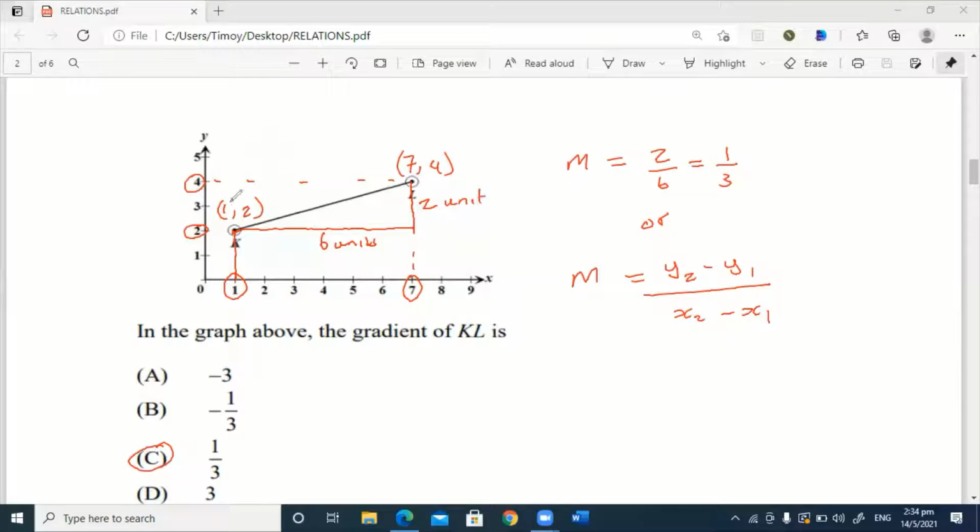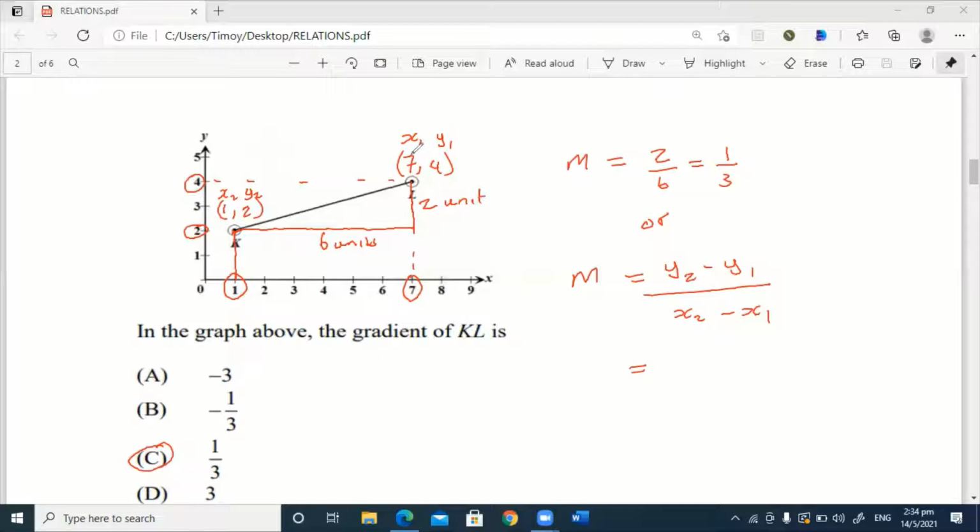So for the first value here, we're going to call this 7 x1. So if 7 is x1, that means 4 is going to be y1. That means down here now, 1 would be x2 and 2 would be y2. So all we have to do is to substitute these values into our formula and simplify.